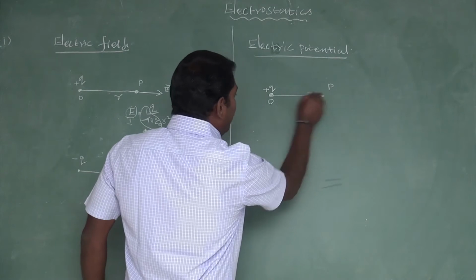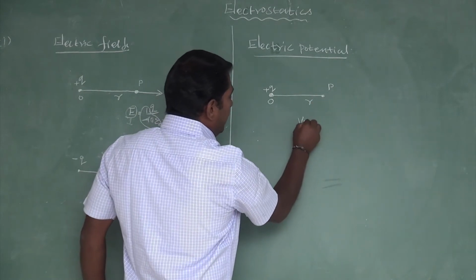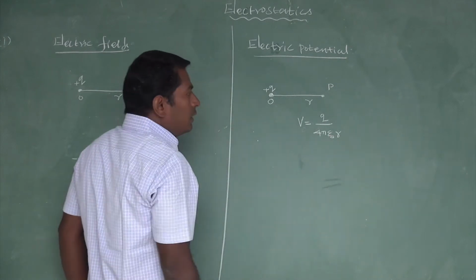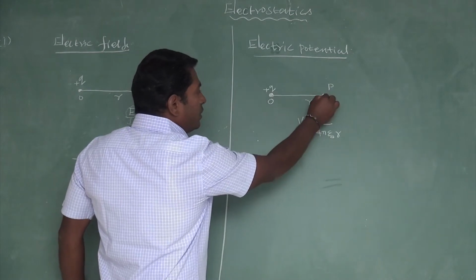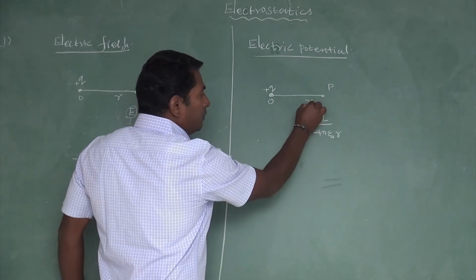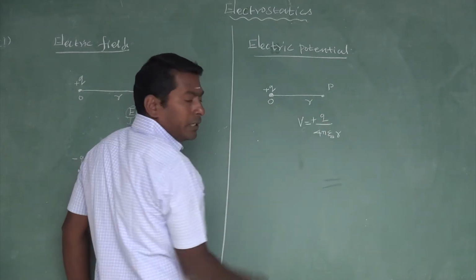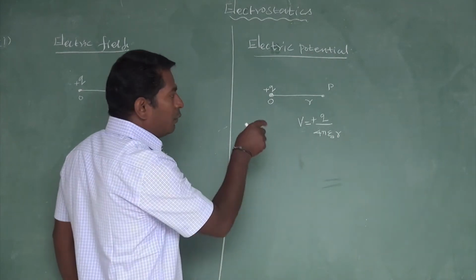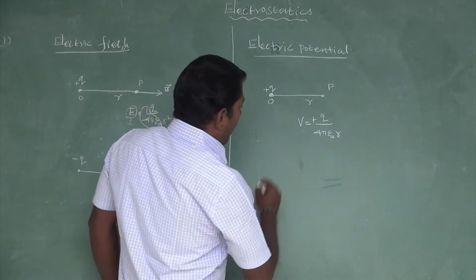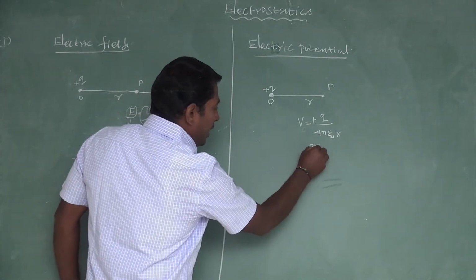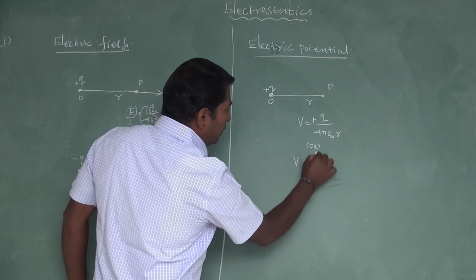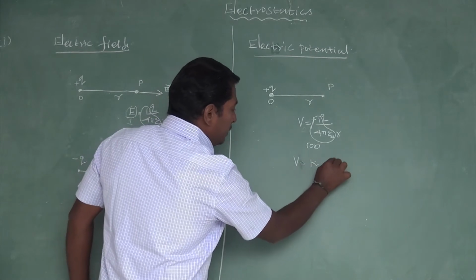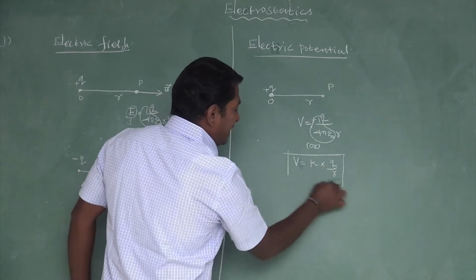At this point P, this point charge produces electric potential V is equal to Q divided by 4 pi epsilon naught R. So this positive point charge produces positive potential at this point P at a distance R. Magnitude wise it can be calculated as Q divided by 4 pi epsilon naught R in air or vacuum or free space, and it can be rewritten in another manner: V is equal to 1 divided by 4 pi epsilon naught, which is K into Q divided by R. It is another important expression.